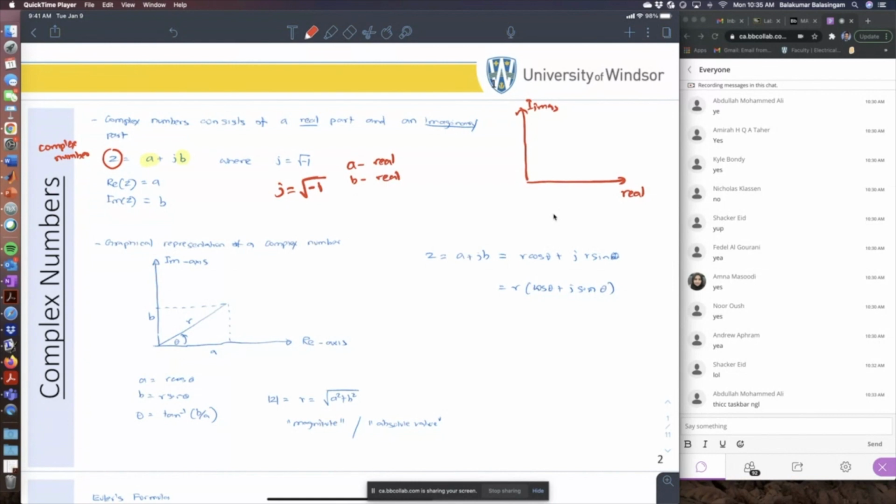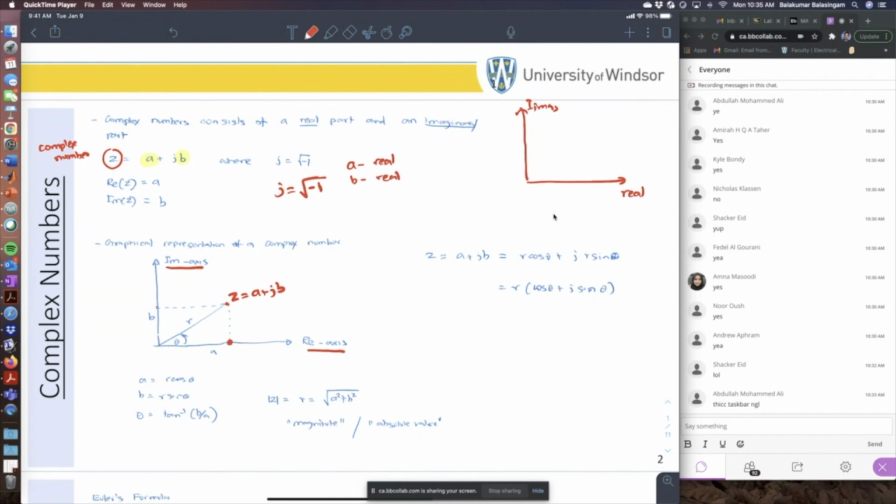That is where this concept of complex number starts. If I have to plot this, I will plot it with the real axis and imaginary axis, and that is a, that is b. So s is equal to a plus jb. That is how I will plot this.